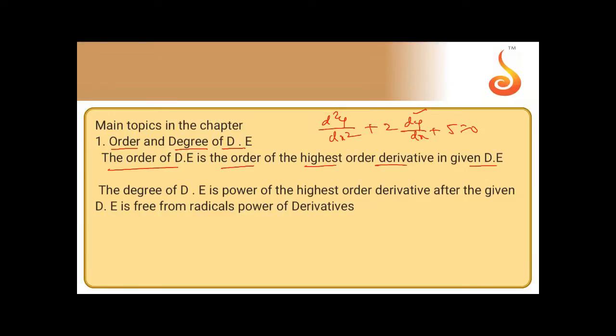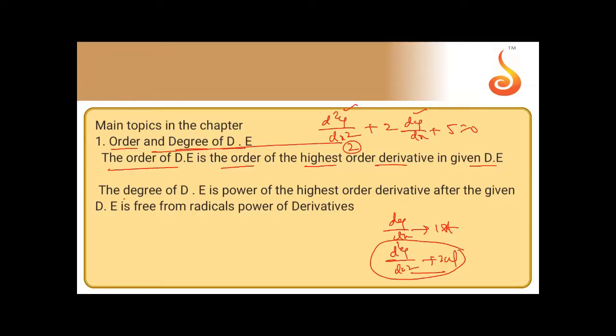There are first order derivative, second order derivative. dy by dx is first order, d square y by dx square is second order. So the highest order is 2. The highest order derivative involved in the given differential equation is called the order of a differential equation. So the order is 2.